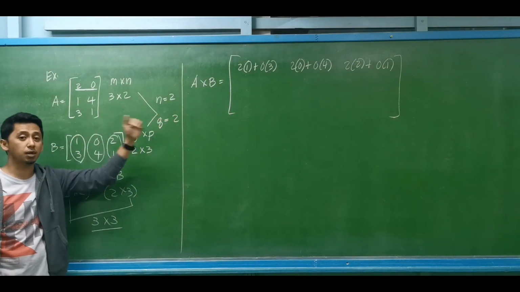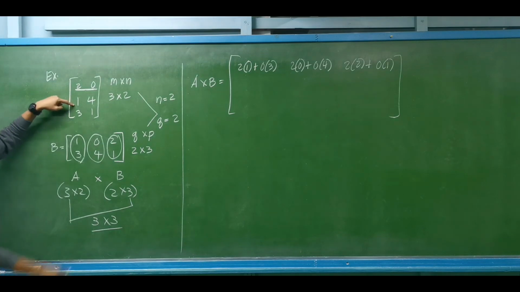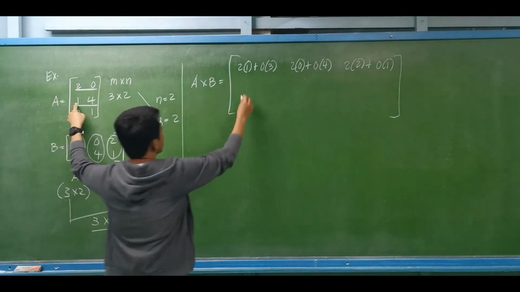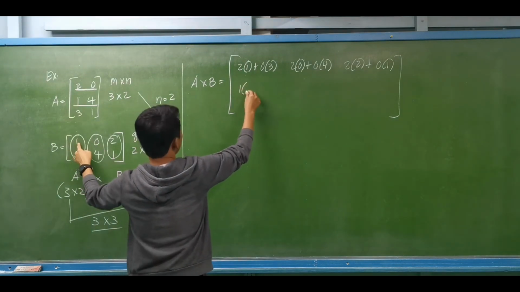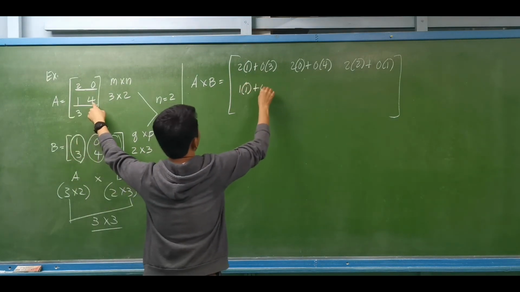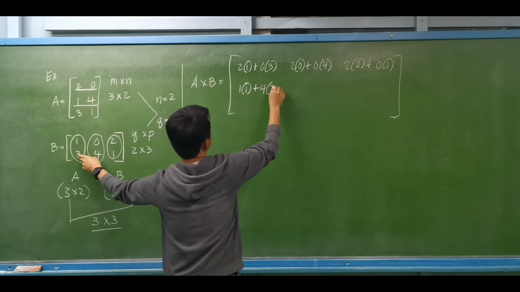All we have to do is repeat the process. This time, we proceed to the second row of matrix A. We have 1 multiplied by 1 plus 4 multiplied by 3.